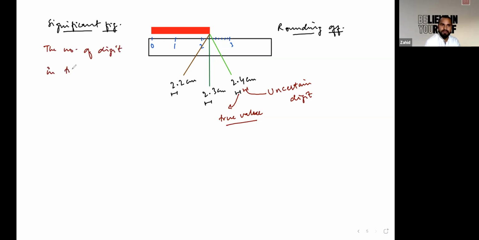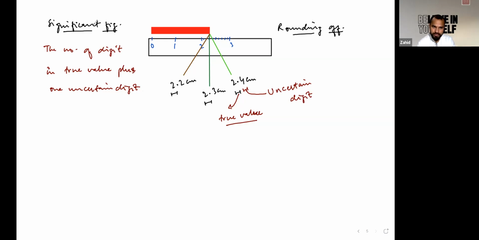Significant figure is nothing but the number of digits in true value plus one uncertain digit. This is the basic rule to define significant figure.